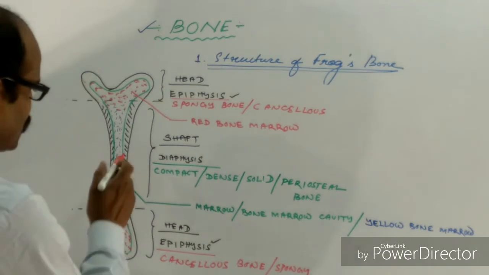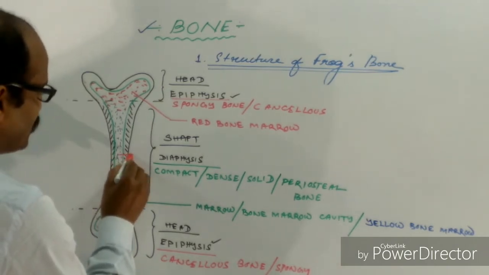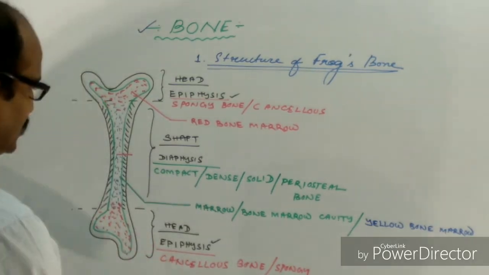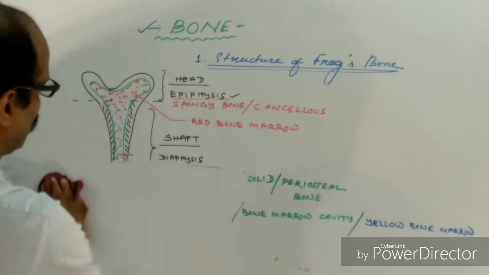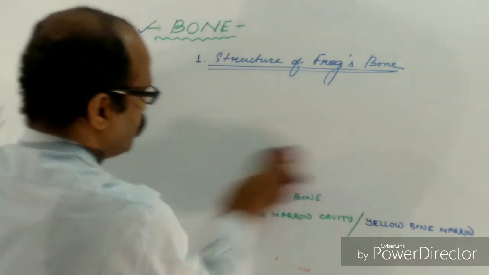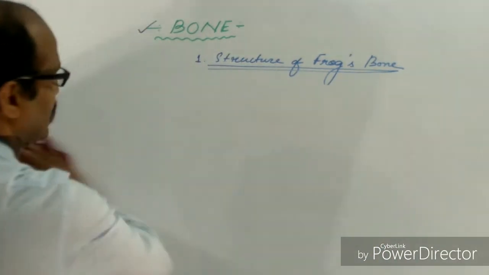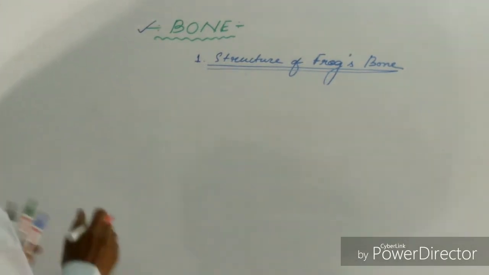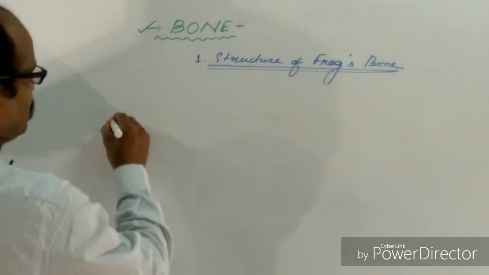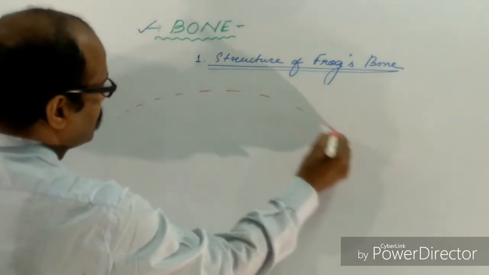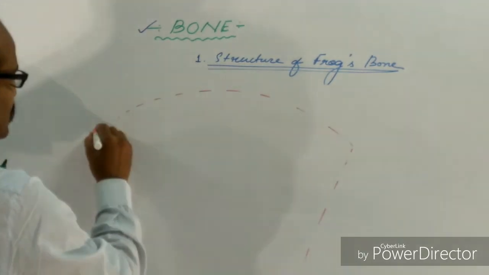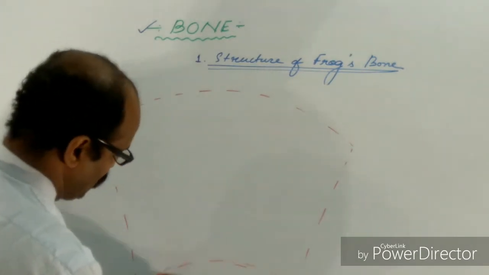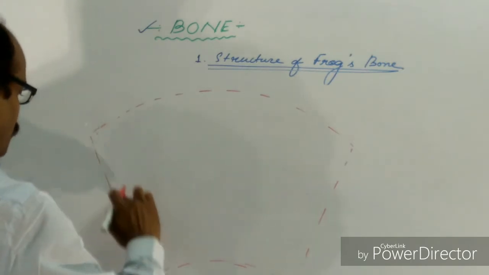If you take a section of such a shaft region, or the compact bone, then we find the arrangement of osteoblasts, osteoclasts, and osteocytes. Suppose this is the TS section of frog bone.